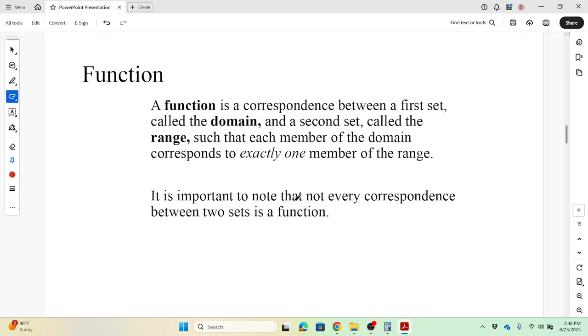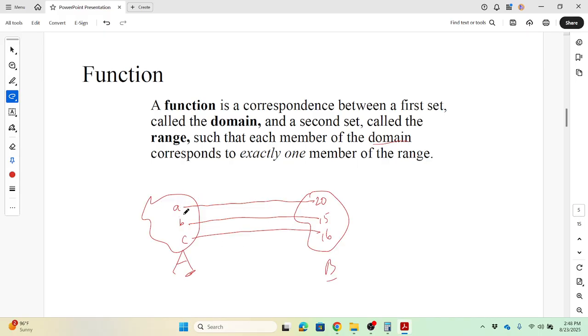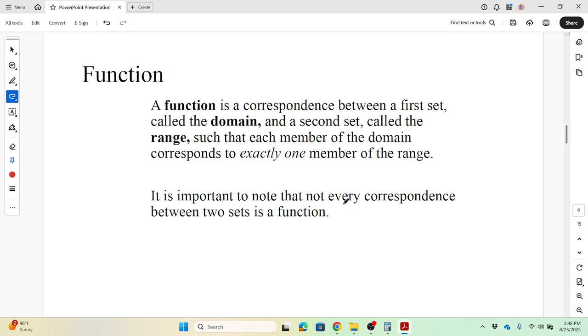Okay, it is important to note that not every correspondence between two sets is a function. So if you go back to the very same example here, I can make a similar type of example. Input, I'm just naming them A and B. Let's say A goes to 20 and A also goes to 30.